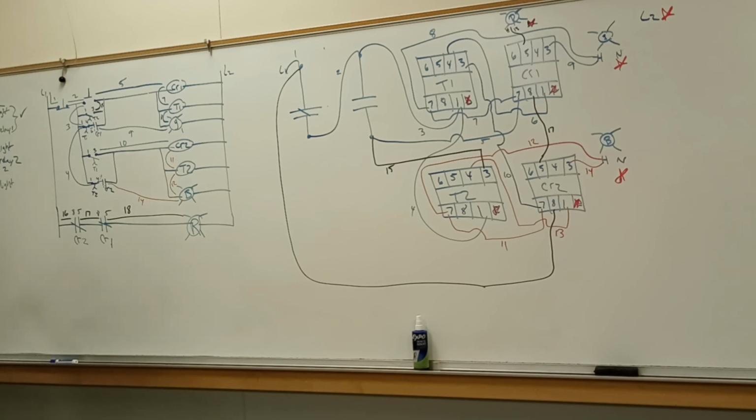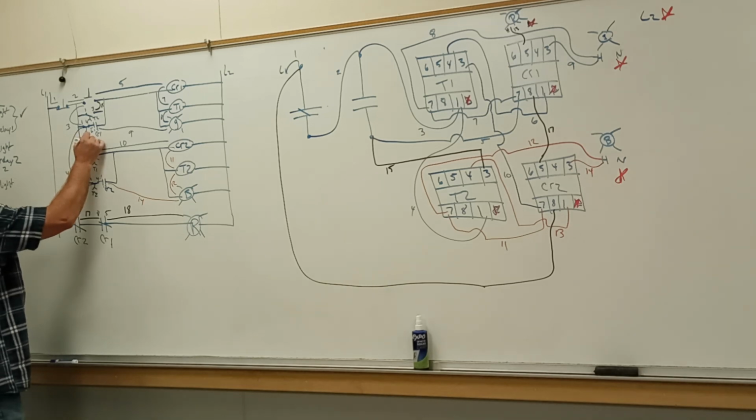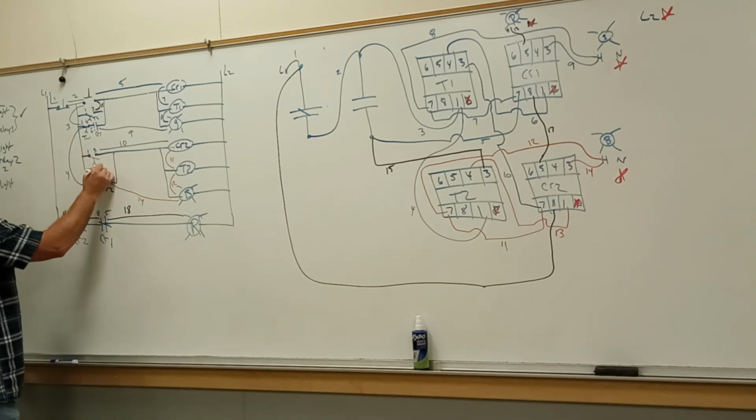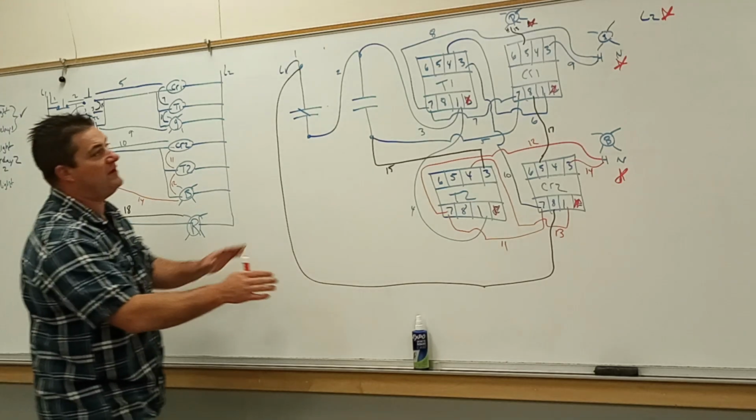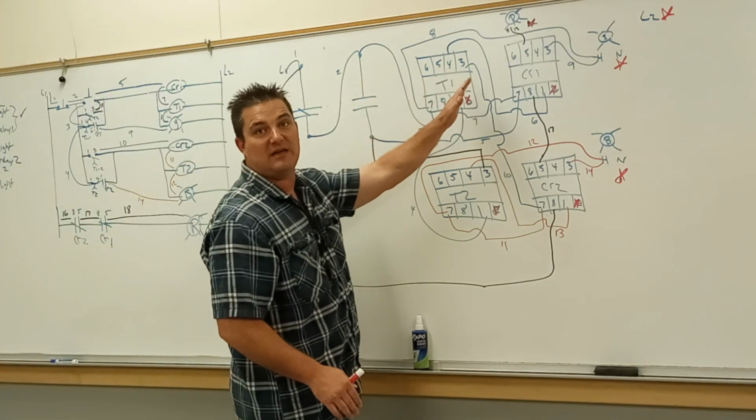What you'll see done sometimes, you'll see a T1-1 or a T1-2 if you're going to use both sides of the timer. That way, if this is T1-1 set, that would be 1 and 4. If that was T1-2, then I would make that 8 and 6, if I was going to split those up, because see, I only use one side of my timer.